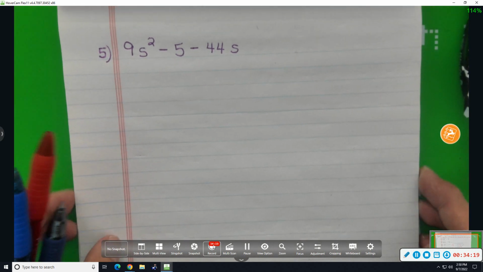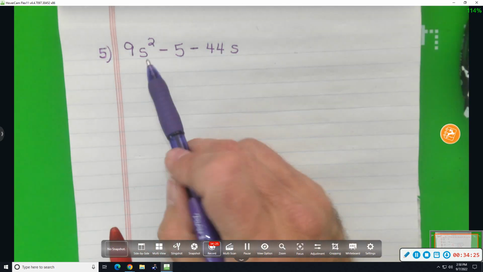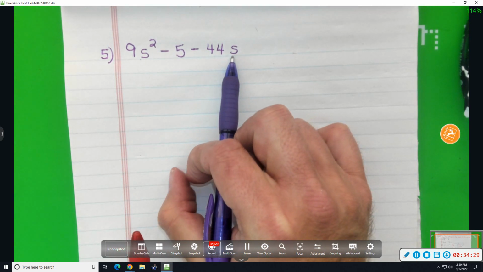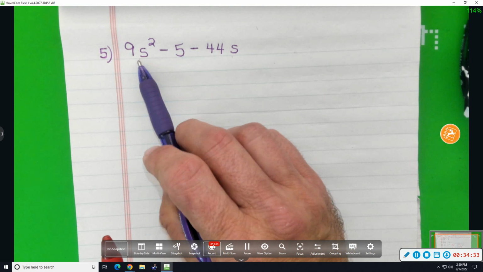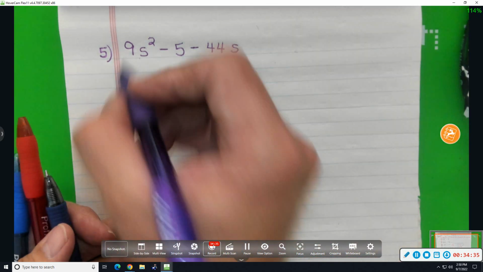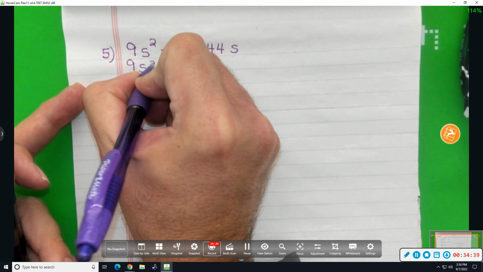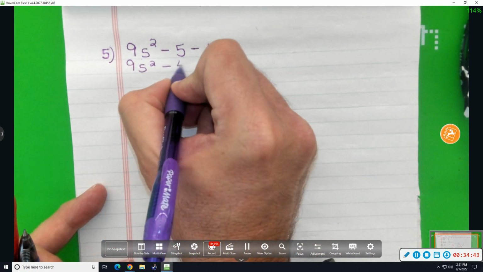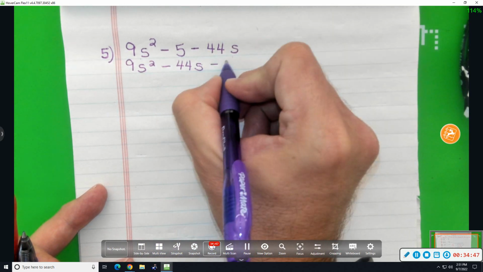First thing we need to do is write it in the standard form. There should be a variable squared. We have that. Then we should have just the variable, and the last thing should be the constant. So the way I'm going to factor it is like this. 9s squared. I'm going to write the minus 44s next, and then the minus 5.